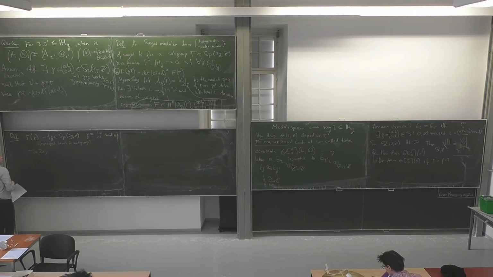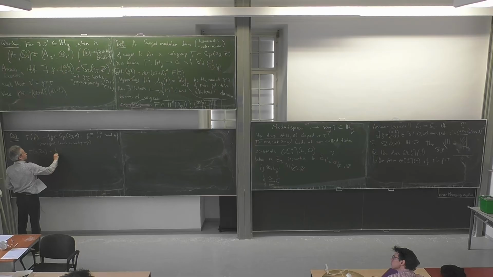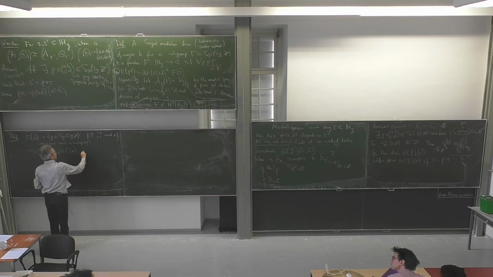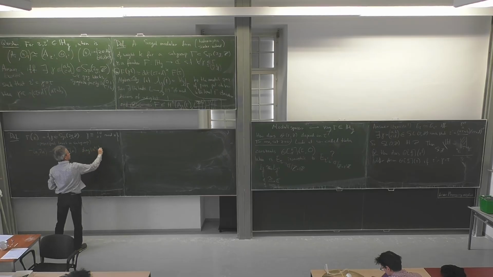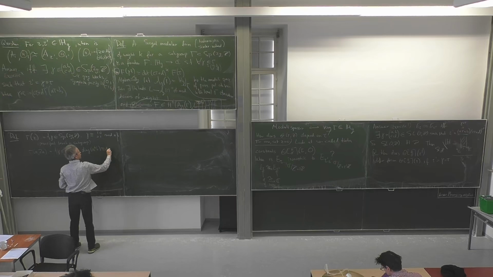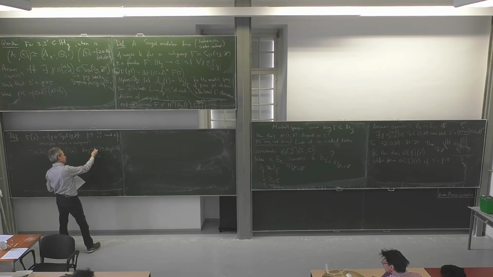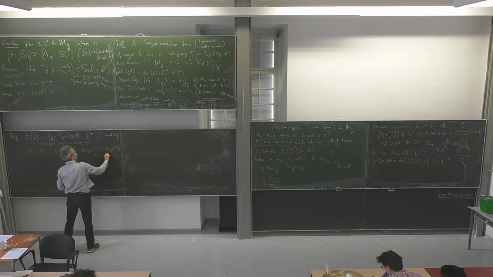For me, I have another one, which is gamma in gamma_n such that the diagonal of A transpose B is congruent to the diagonal of C transpose D is congruent to 0. The diagonal means it's a vector of g things, mod 2n. 2n, right?